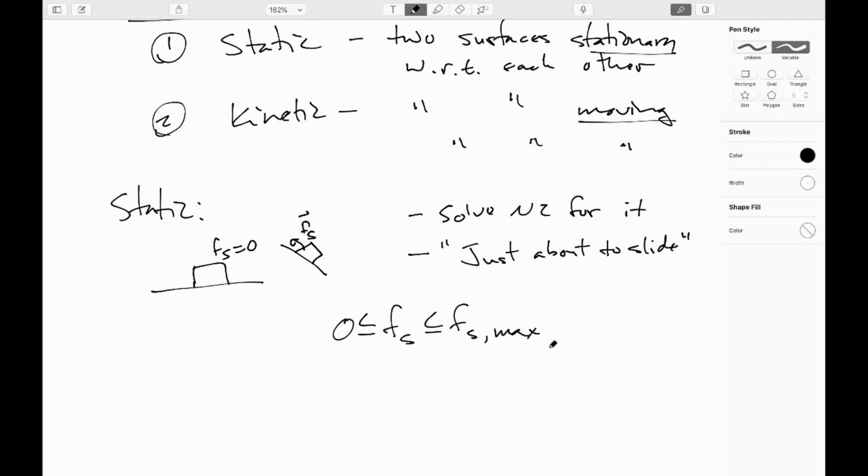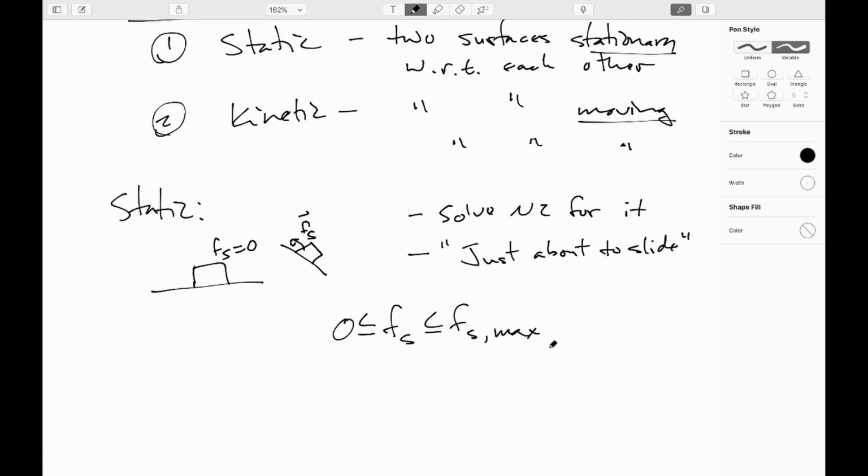Keep in mind the way that we usually say static friction works is no two surfaces are ever perfectly smooth. The jaggies between the surfaces can interlock, and so then the jaggies exert forces on each other. But if you push hard enough, eventually you'll break the interlocks and start moving.